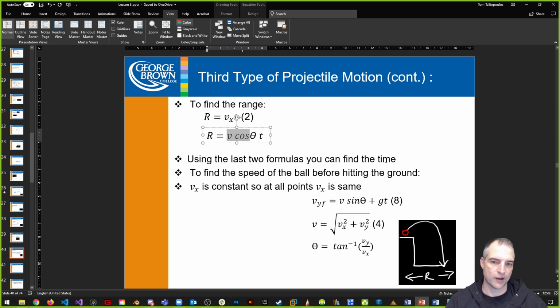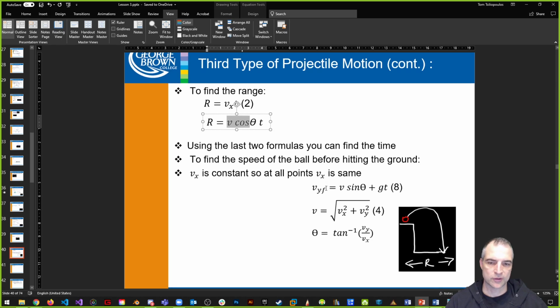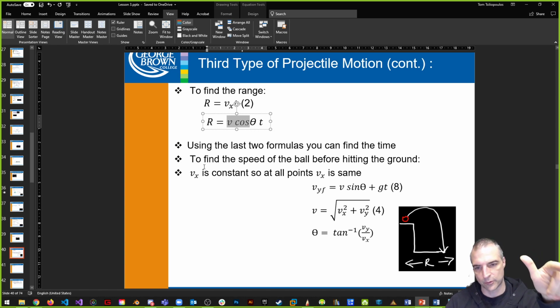To find the speed of the ball before hitting the ground, we have to do something different. We have to say that Vx is constant, so at all points Vx is the same, right? Just like we saw in that kicking formula. All the Vx components are the same because gravity does not act on the x component. It only acts on the y component, right?